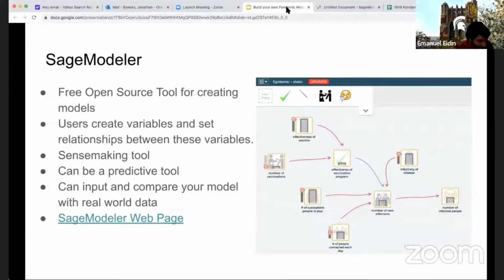A couple of the affordances that the SageModeler tool allows us is it's quite intuitive.